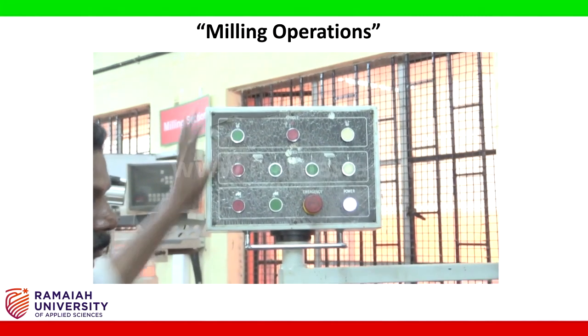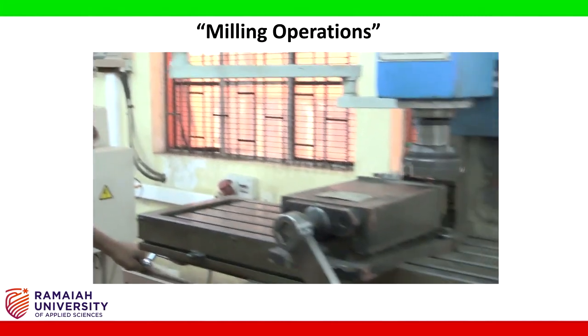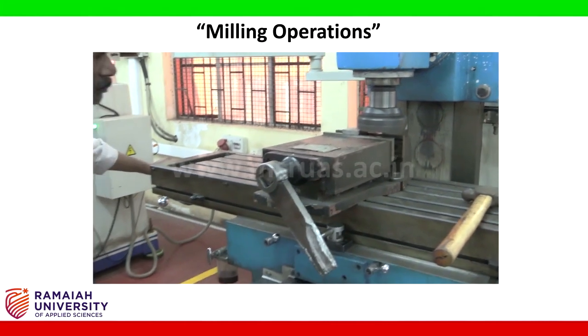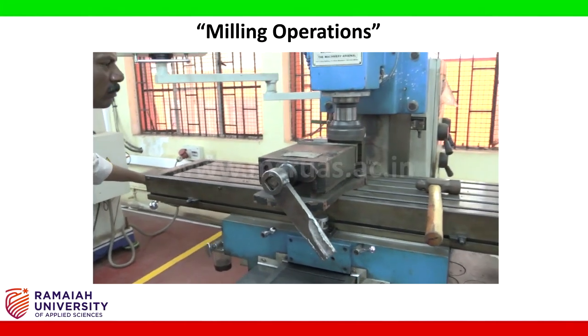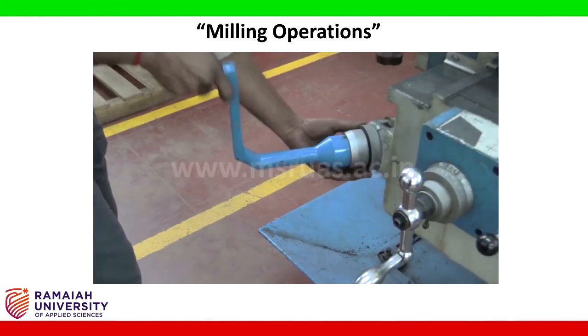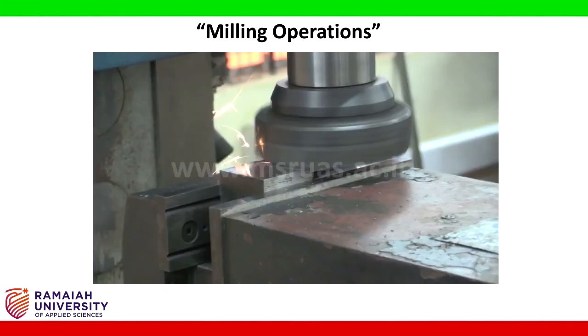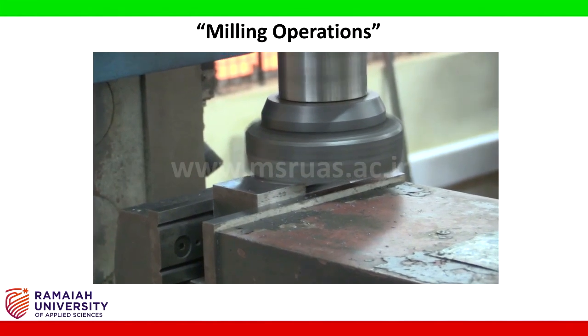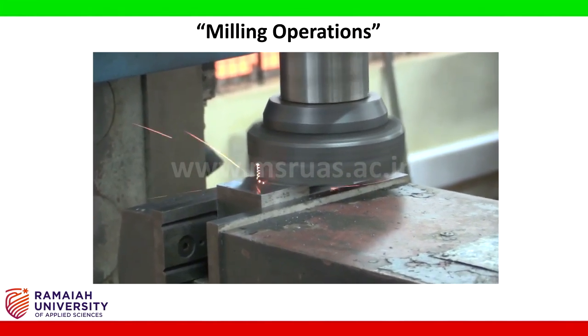Switch on the milling machine using the green button for clockwise rotation of the spindle, and adjust the height by upward movement of the table using hand or an automatic feed method. For the motion of the table from left to right, rotate the auto feed lever.